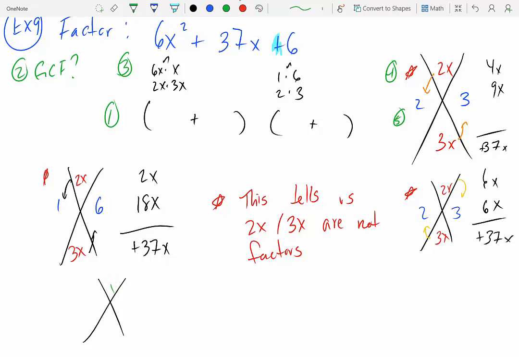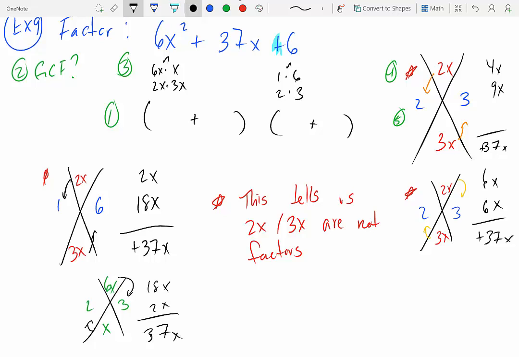We have 6x and x, and then we're going to use 2 and 3. So if we go right, we get 18x and 2x. Again, that does not give us 37x.